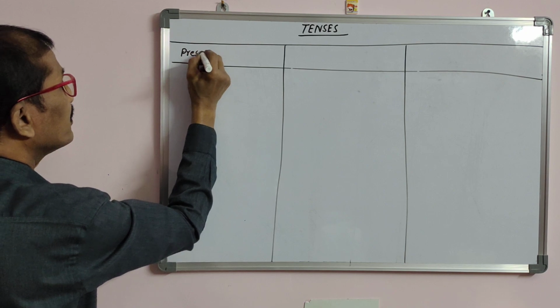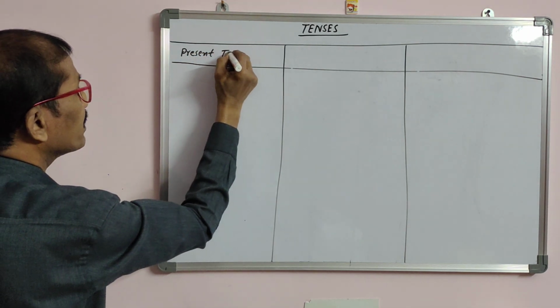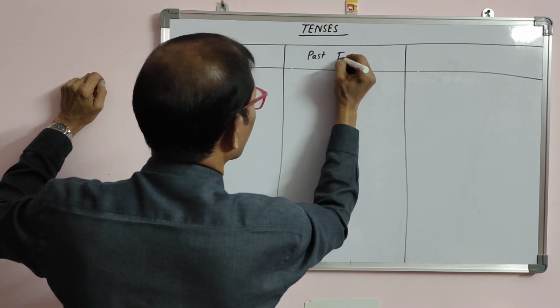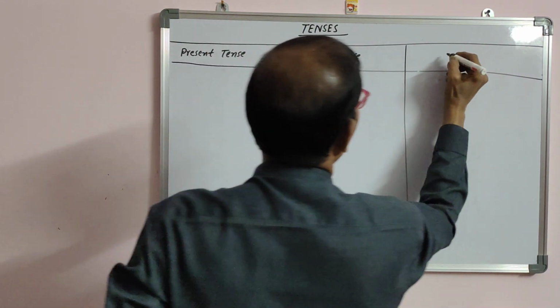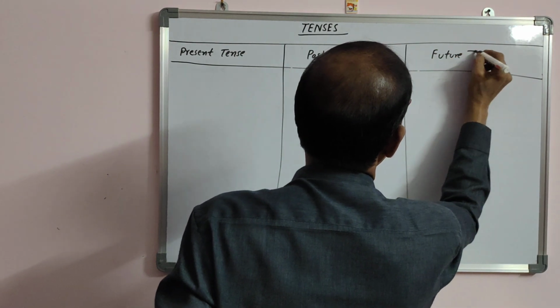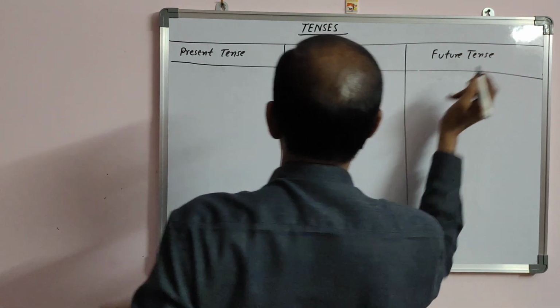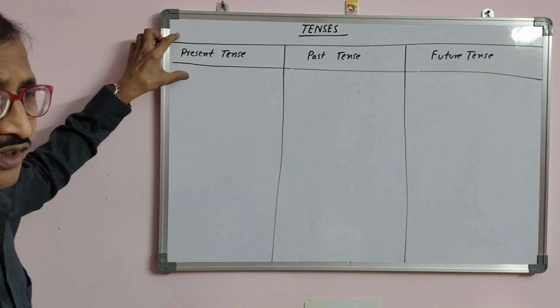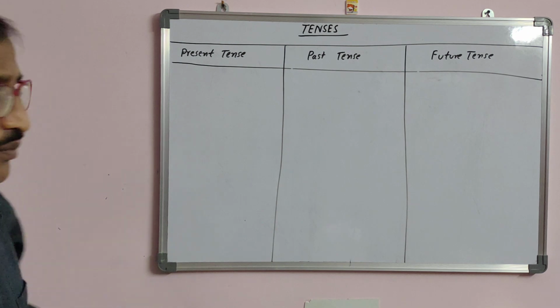Main tenses are 3: present tense, past tense, and future tense. Again, each tense is divided into 4 types.